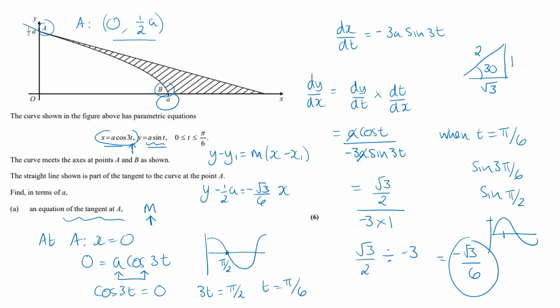So all we need to do is now go y is equal to minus root 3 over 6 x plus a half a, times throughout by 6. 6y is equal to minus root 3 x plus 3a.